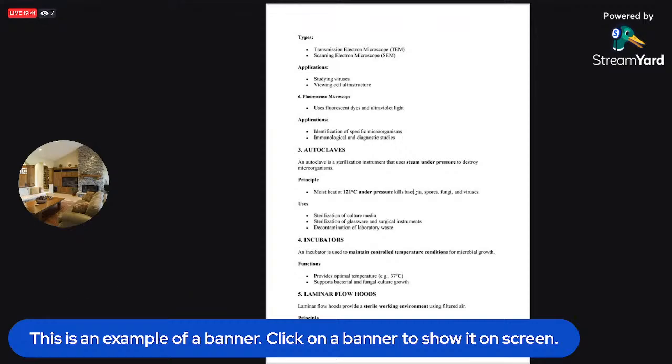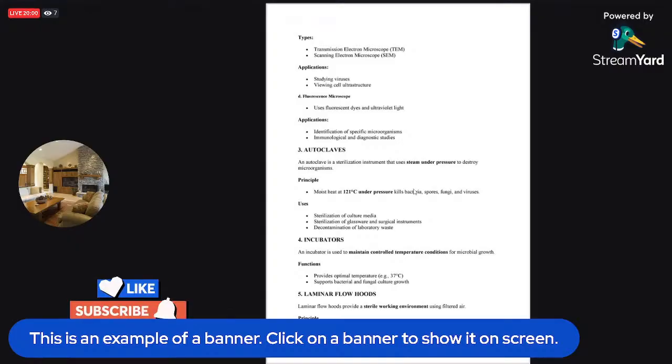That is that. Then another thing that is very common in the biology lab that you need to know is the laminar flow hood. The replica of the laminar flow hood is what we have inside the inoculating room in the biology lab.